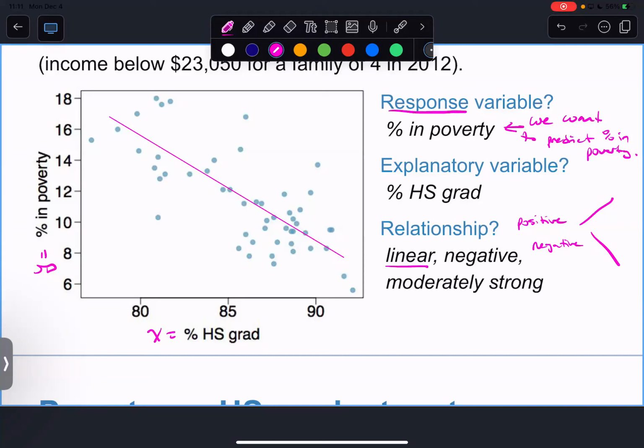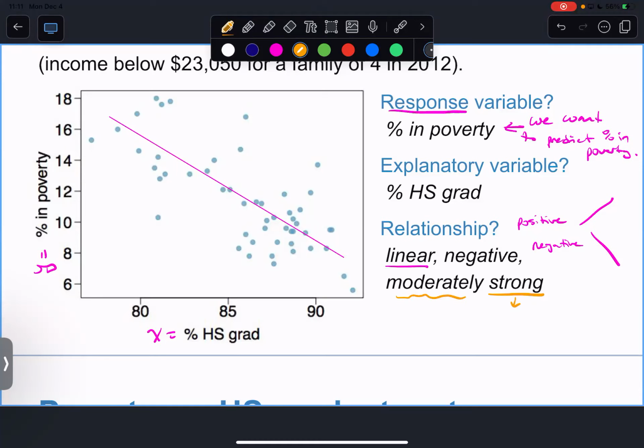Now, in terms of the strength, you want to talk about strong or weak and nothing in between. Sometimes we put a little flair on it, like moderately strong, moderately weak. What does that mean? It means nothing to me. It's just kind of adding a little something. As a note, if you see any sort of relationship, I would say it's moderately strong to strong.